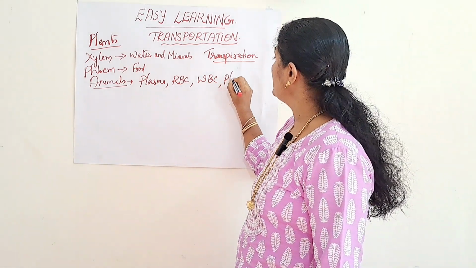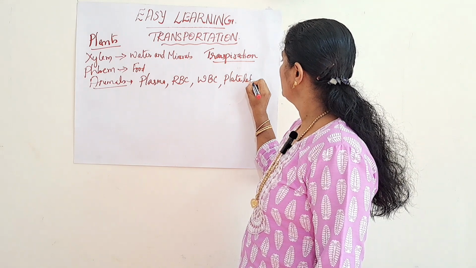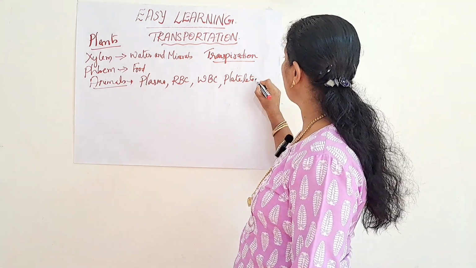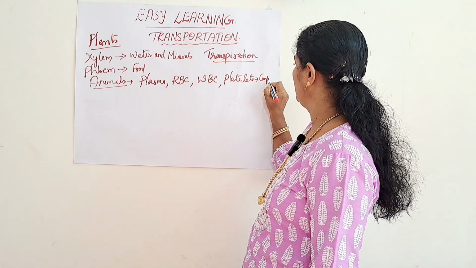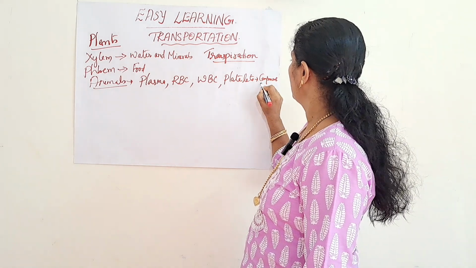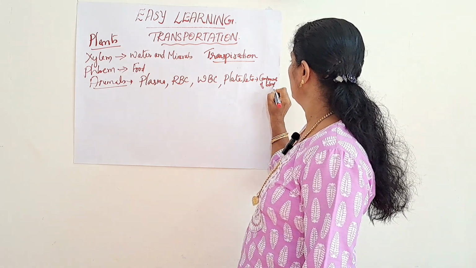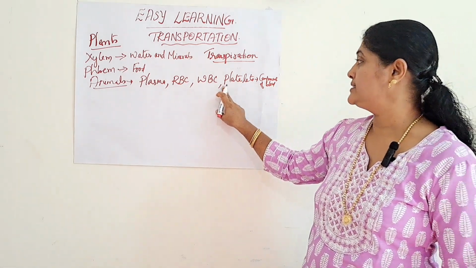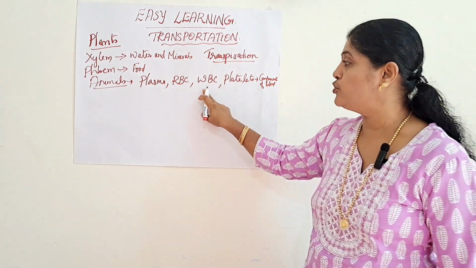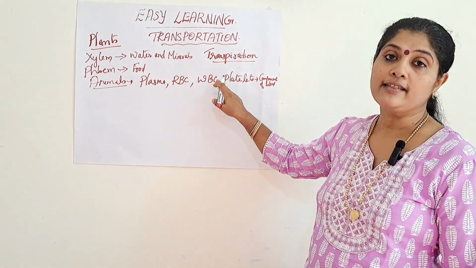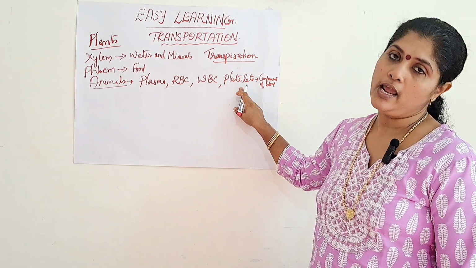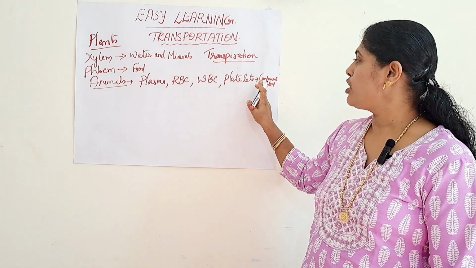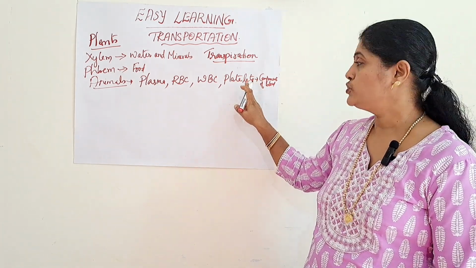And fourth is the platelets. So, these are the main components of blood: plasma, RBC, WBC and platelets. You have to know all these terms because they come either as a 1-mark question or an MCQ. It is always repeated, so you should know it.